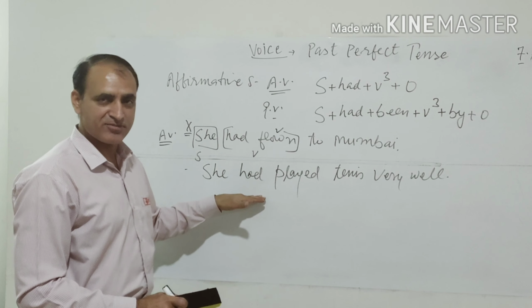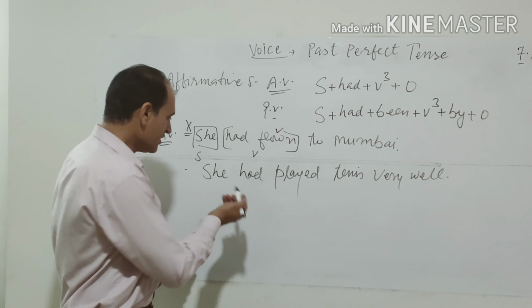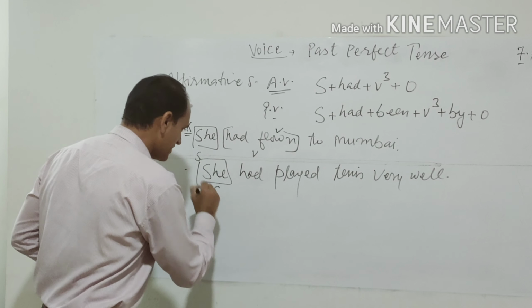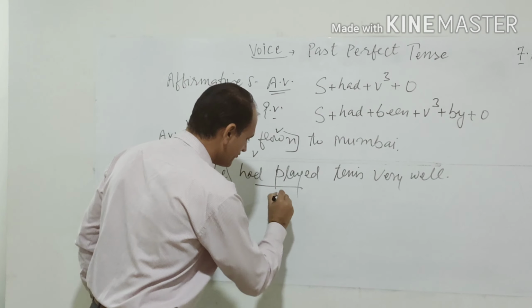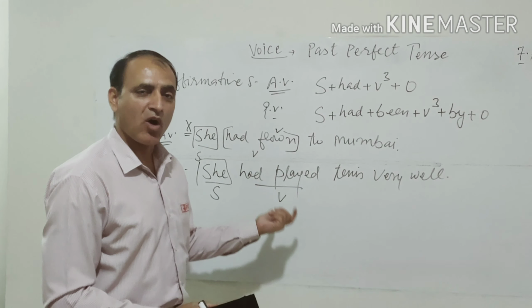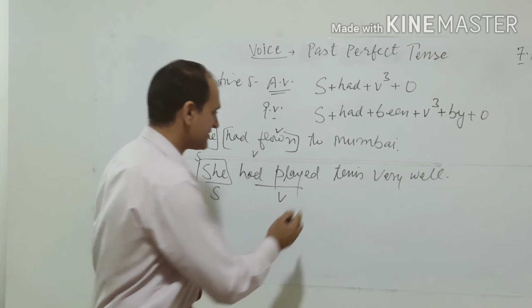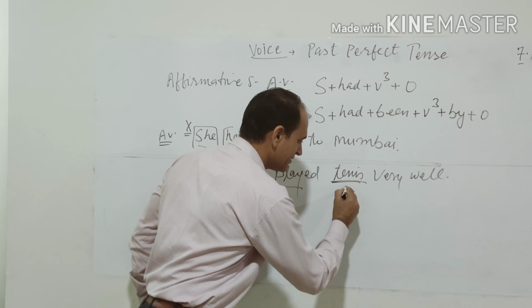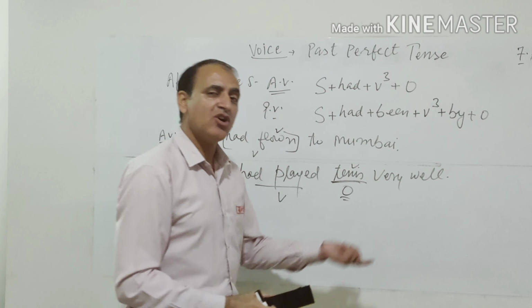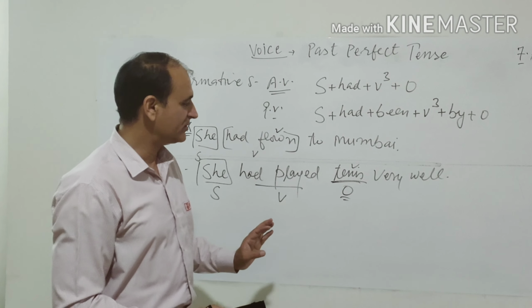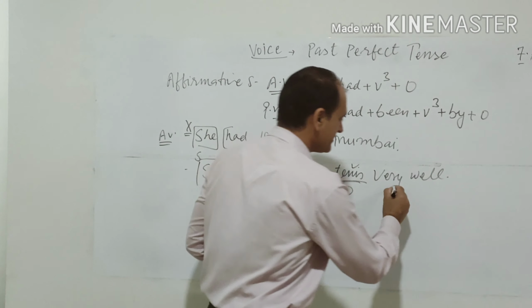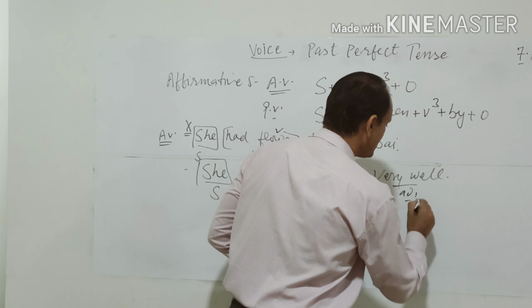Does it have an object or not? So subject, she; verb section, had played. She had played what? And we get the answer. Yes, the answer is tennis. So tennis is the object of this verb. Very well is an adverbial phrase.